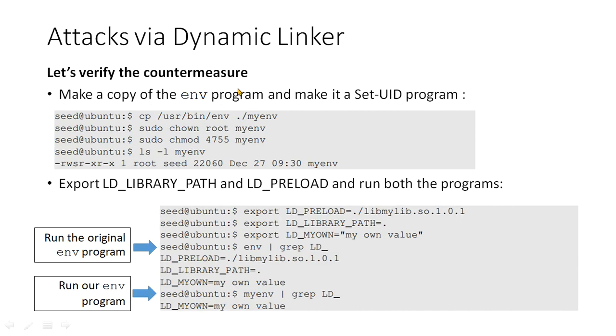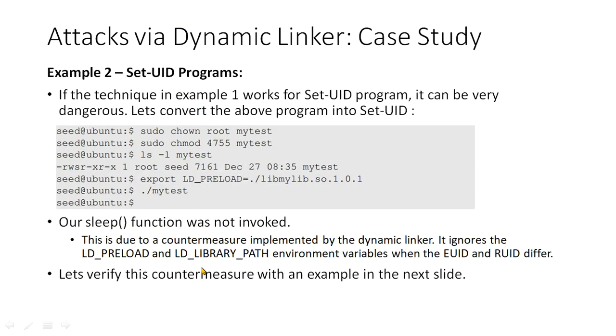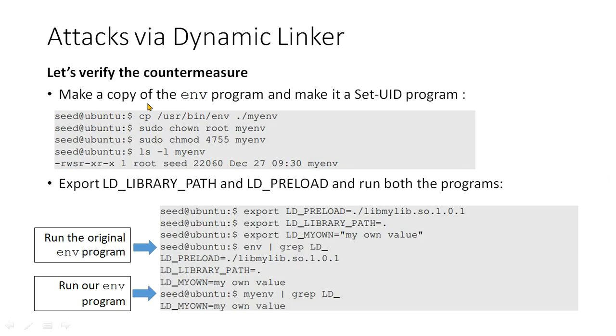Now, to understand how the dynamic linker ignores these two variables, we run a simple test here. First we use the env program. We copy the env program into another program owned by us.